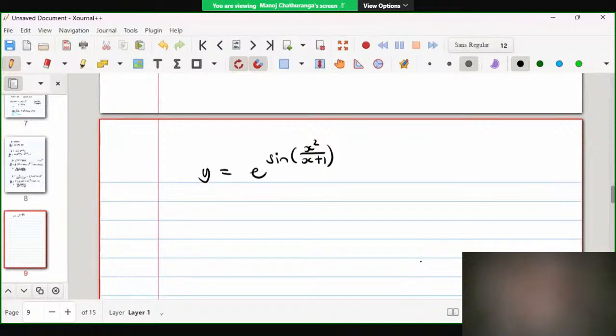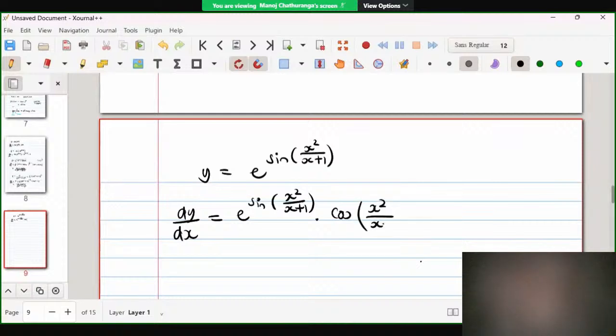When you have three functions, let's differentiate them. The outer function is the exponential and it does nothing, because the derivative of e to the x is itself. Then let's differentiate sine. The derivative of sine is cosine, and you still keep the inner part of the sine function.